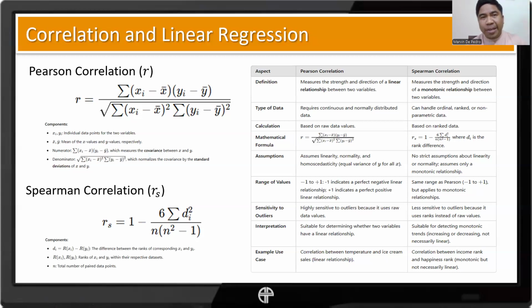You complete the table and then we proceed with the next one. For the next one, we need the product of the difference in the x's and the difference in the y's. After that, we take the square of the difference between the x's and the mean, and same thing with y.